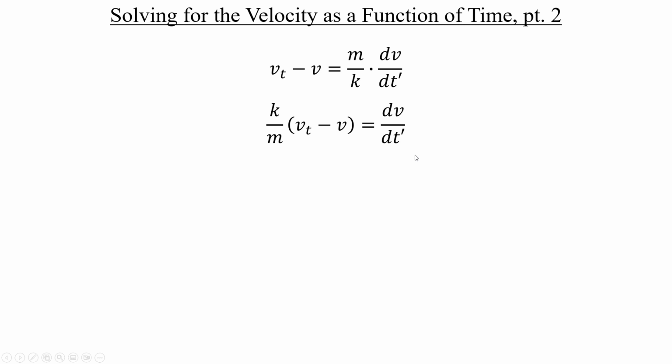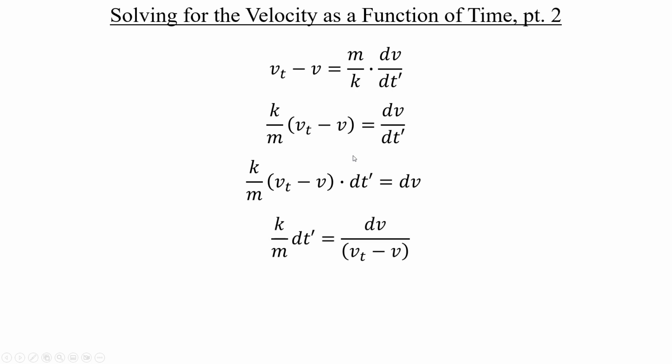The starting point is to multiply both sides by dt prime. Okay, so now we have dt prime on the left. I can't divide this terminal velocity out from v because it's a difference, so I'm going to have to bring this whole thing over to the right-hand side. So let's divide both sides by everything in the parentheses here, and this is what our next step looks like.